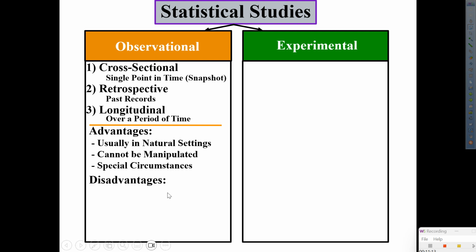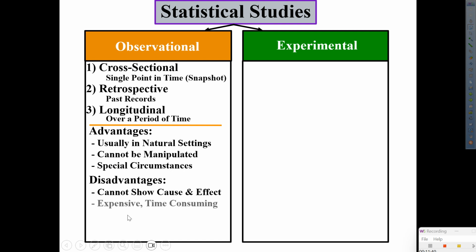However, there are disadvantages, and I think I kind of touched on that last week. One of them that I didn't talk about, but that it is a disadvantage, is you cannot show a cause and effect. Since you have nothing to do with your observation, you're just observing, you have nothing to do with what's going on around what you're observing, there's no cause or effect.